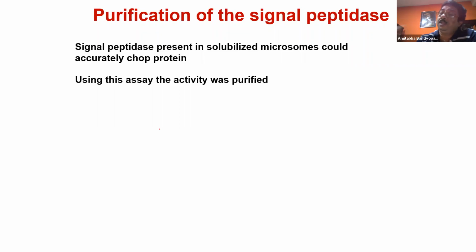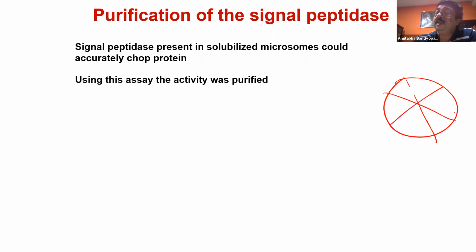So solubilized microsomal membrane is therefore your superset, okay? And this superset, you fractionate by different chromatographic techniques into, like, 1, 2, 3, many fractions. And then you identify one fraction wherein it still has this ability to chop the nascent peptide.